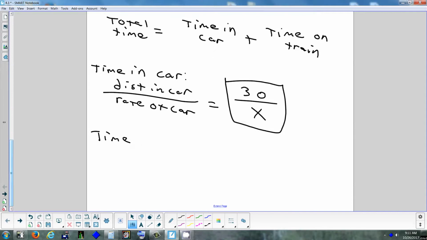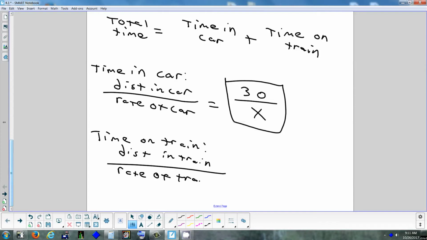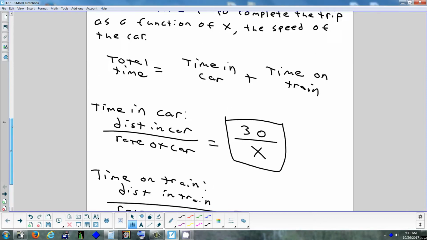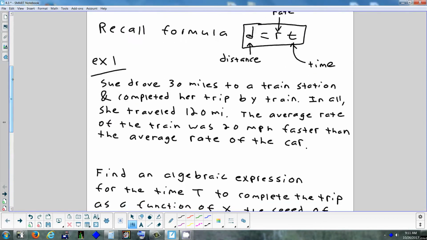Time on the train. That's going to be distance on train divided by rate of train. What's the distance that we travel on the train? This is the one that wasn't given to us, but we've got enough information to infer it. 40 miles. Let's go back up and see.